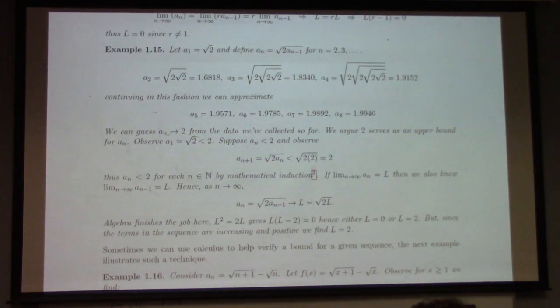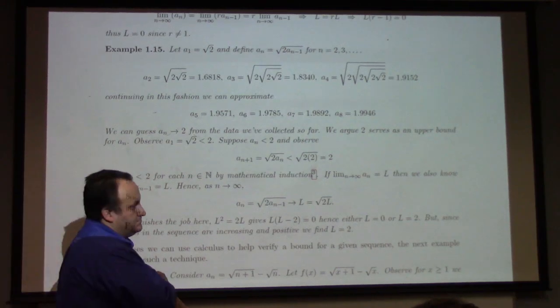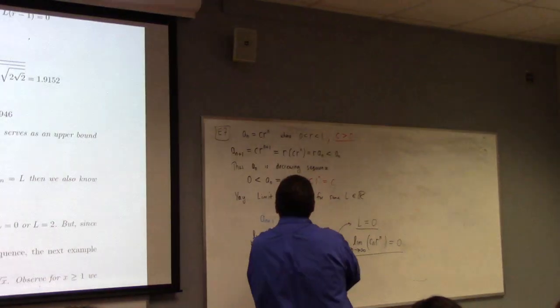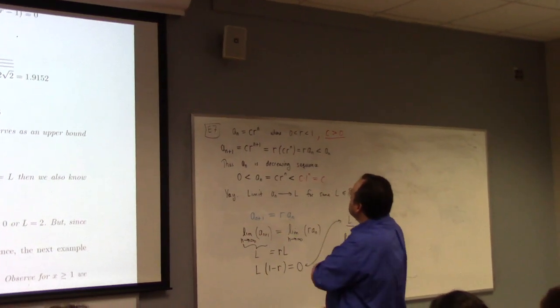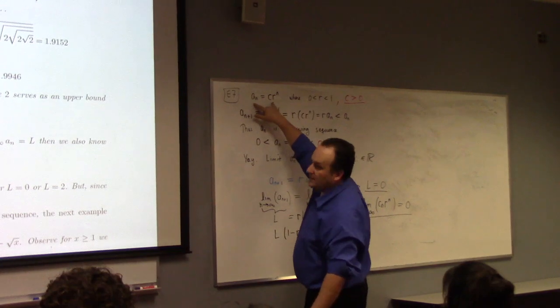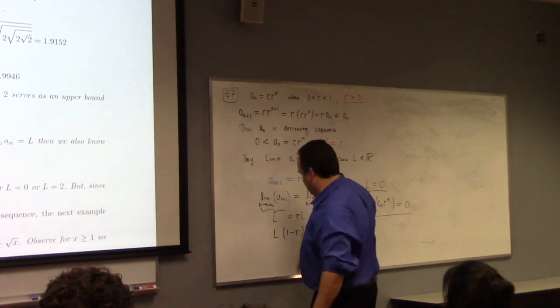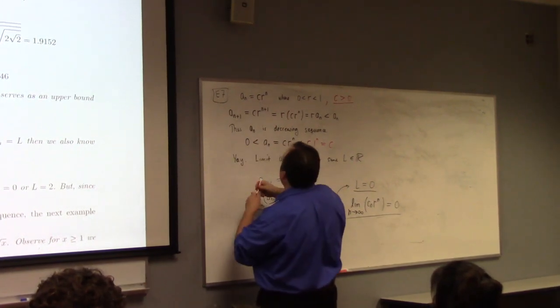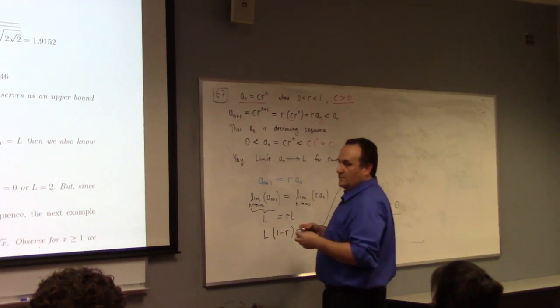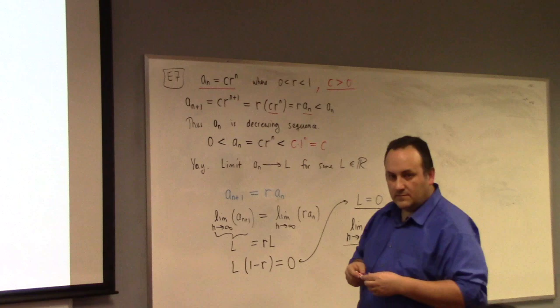On example 7, in the step where you said that a sub n plus 1 is equal to r times a sub n, how did you determine that? This? Yes, sir. Well, a sub n was defined to be c r to the n, so I'm just identifying that. And why did you put the r in front of them?